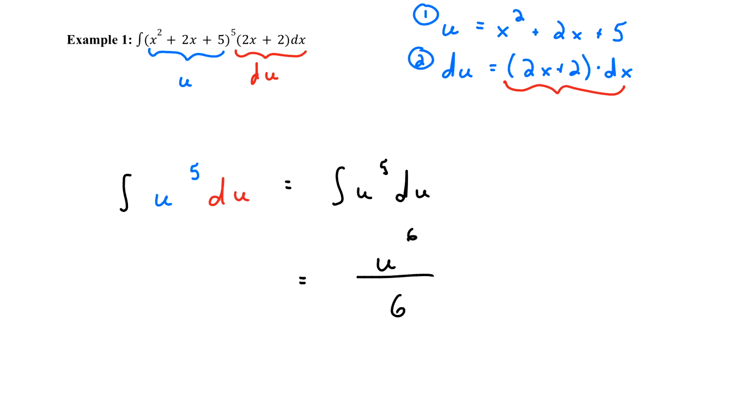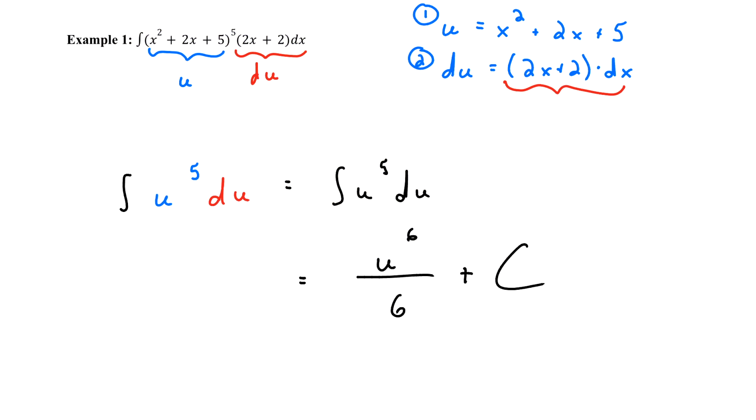Even when we use this new u substitution, we're still going to add our constant of integration, c. For the very last step, if I started with something in terms of x, I'd like to end with something in terms of x, so I take the expression for u and plug it back in. I shouldn't have any u's in my final answer.